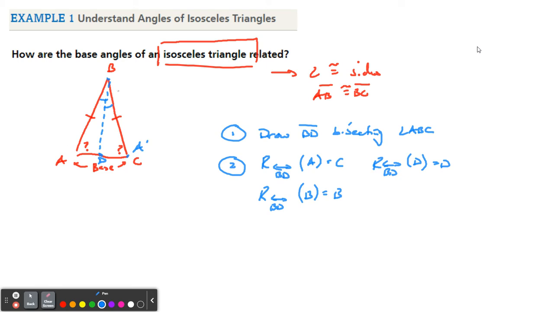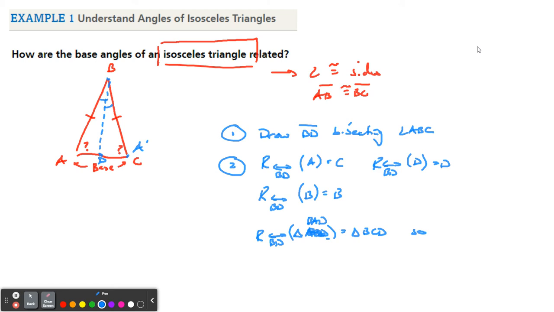So when I reflect triangle ABD across line BD, it lands on triangle CBD. The reflection of triangle BAD, I apologize, got to name it correctly, will correspond with BCD.